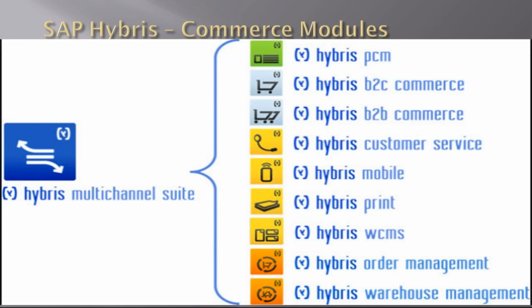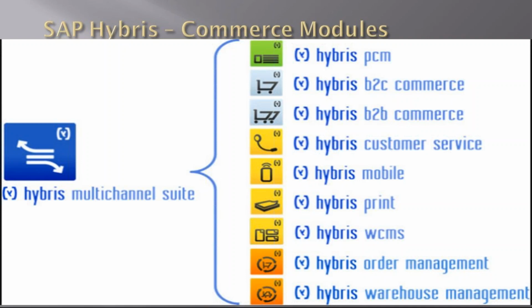Similarly, customer service is mandatory. Mobile integration is mandatory. Print is mandatory. WCMS is mandatory. WCMS is for designing and managing the Hybris Commerce website. WCMS stands for Web Content Management System, similar to PCM.